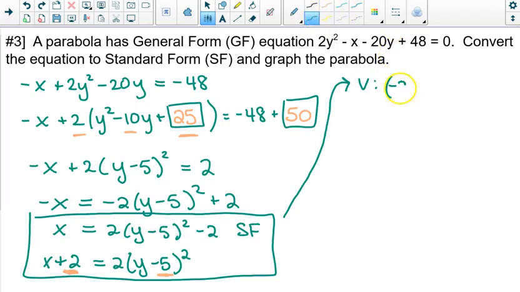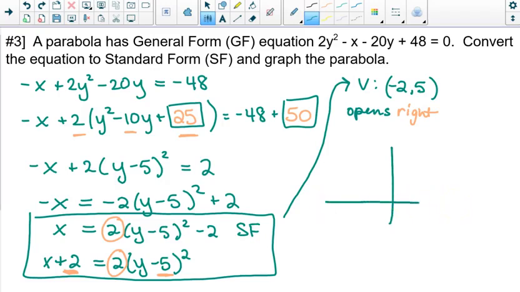So we get negative 2, 5 for the vertex. We know it opens to the right or left since it's x equals, and because we have a positive value for a, we know it opens right. So we can start our sketch. Negative 2, 5.